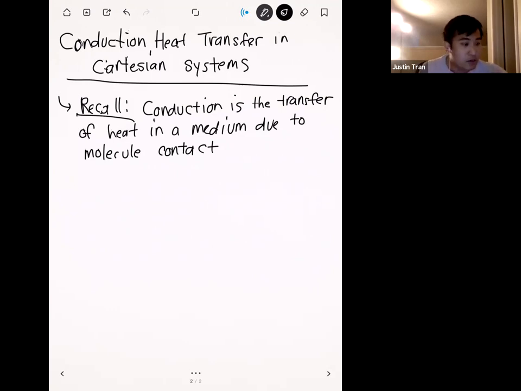The difference between conduction and convection is that our medium here is stationary, so it's not moving. When we have conduction, the primary formula that describes it is known as Fourier's law.